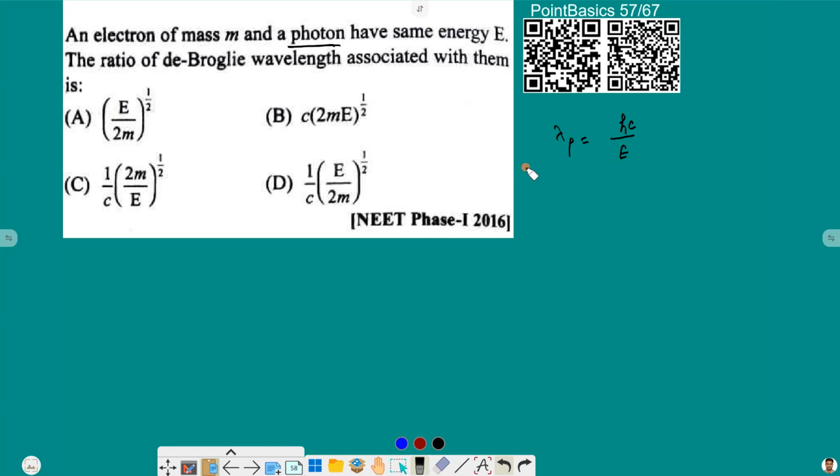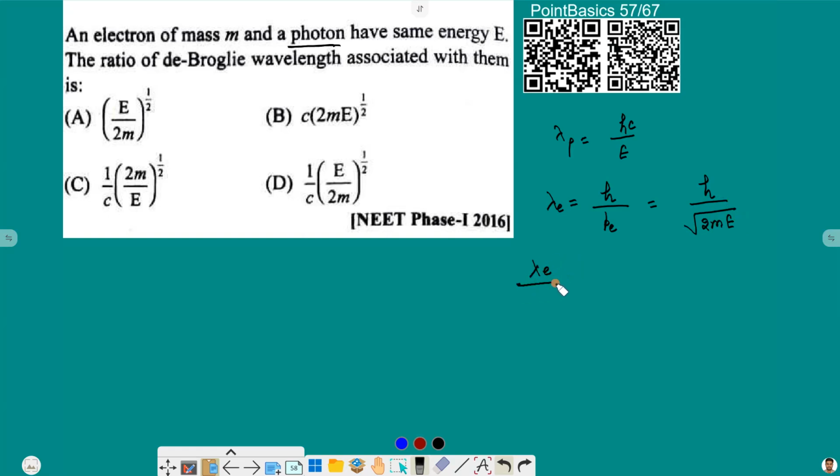And for the electron, lambda is h by p, where p is the momentum of the electron, and that can be written as under root 2m into E, where E is the energy. Now it is mentioned that E is the same in both. So if E is the same, we can simply divide them.